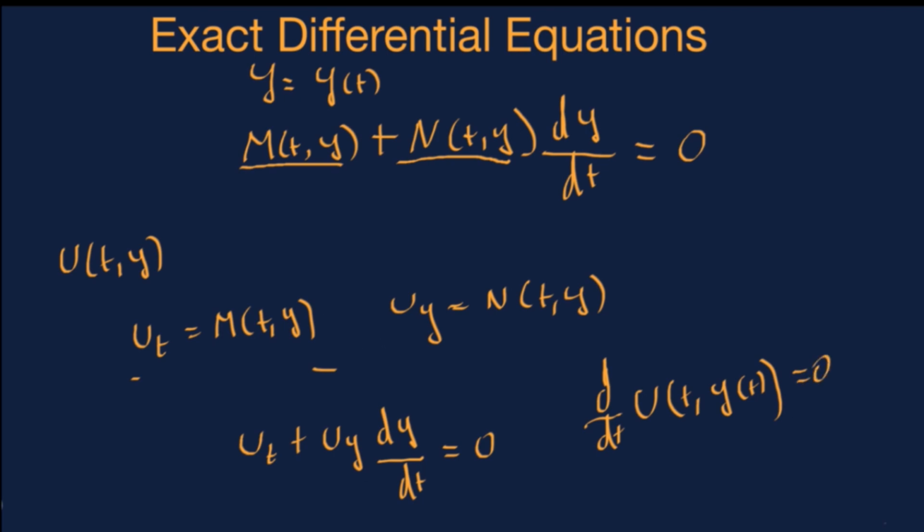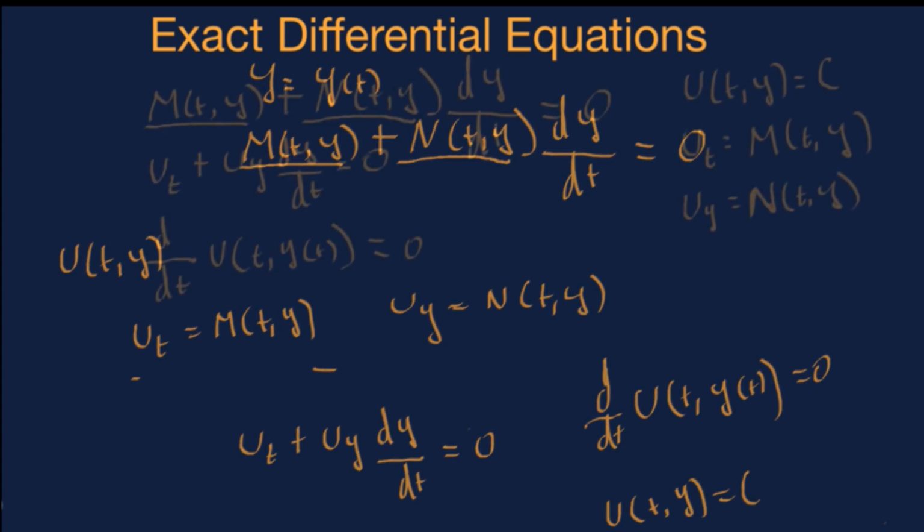And if the ordinary derivative of something is 0, then we know that that something has to be a constant. So that tells us that the special function u of t and y has to be a constant. So if we can find this function, then we have found the implicit solution for our equation.